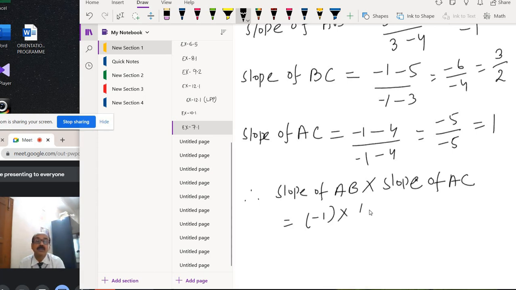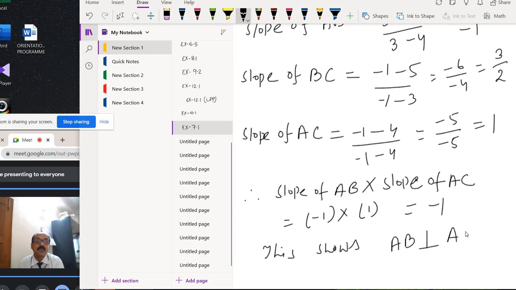So they are perpendicular to each other. AB is perpendicular to AC.